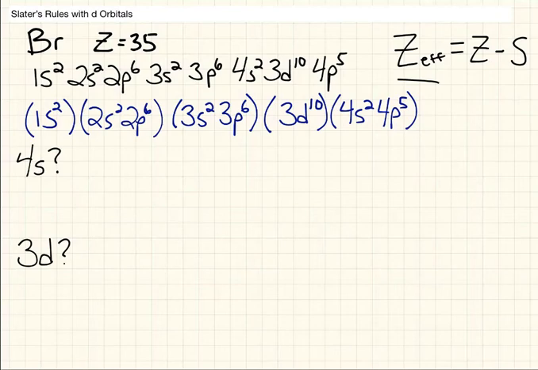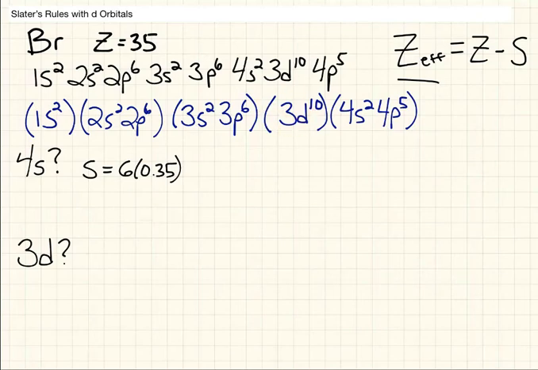So in the case of a 4s electron, I'm in this zone. So I look and I say, well, I've got a total of 7 electrons. Therefore, there must be 6 others. So S is equal to 6 others that all get a value of 0.35. So 6 others that shield me about 35% of the time. And then when I go one spatial zone in, remember that the value that these electrons get is 0.85.